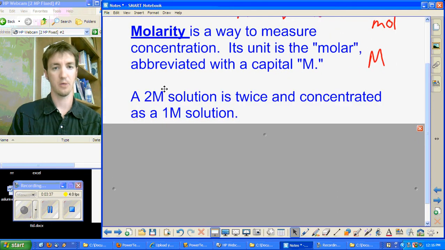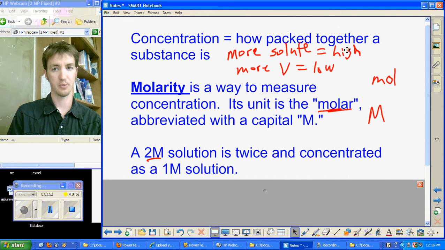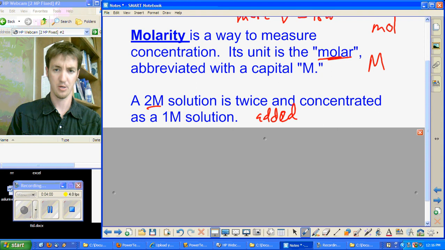So, if I'm looking at molarity with a capital M, a 2 molar solution is twice as concentrated as a 1 molar solution. So, more solute equals a higher concentration. That must mean I added twice as much salt.